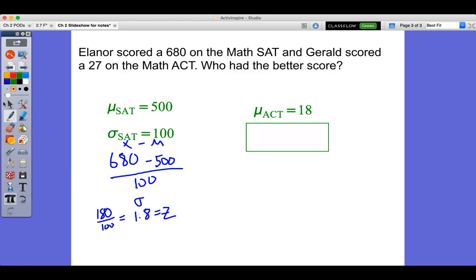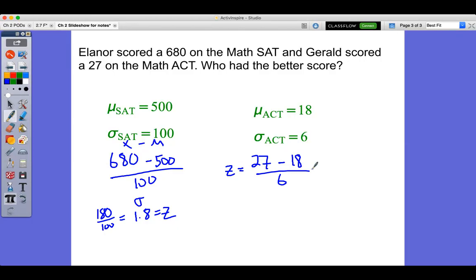Similarly, for this person, once we know their sigma, we can say, how far apart were they? We need to take their score. The x value is 27 that Gerald scored, minus 18, divided by 6. And that gets me 9 divided by 6, which is 1.5. That is my z-score.